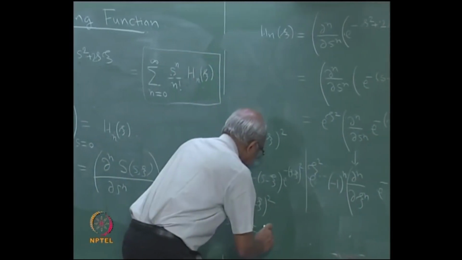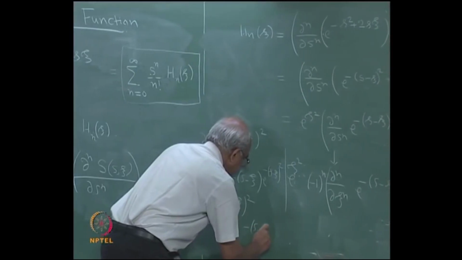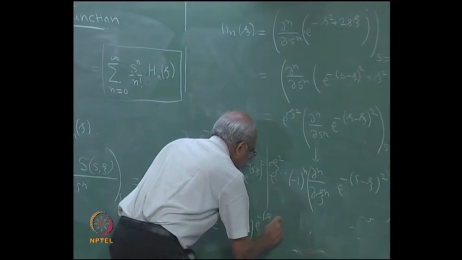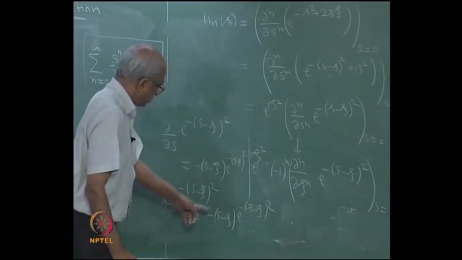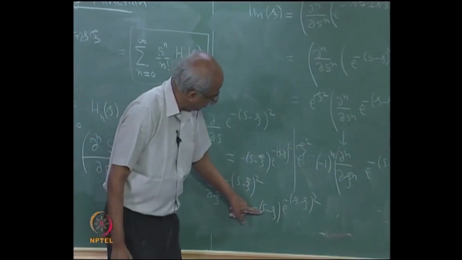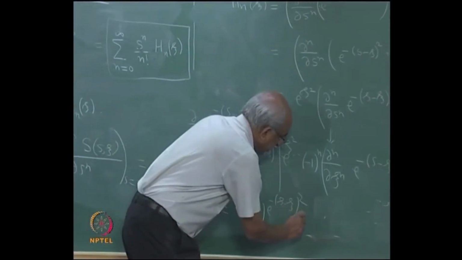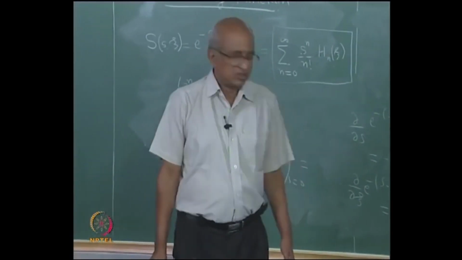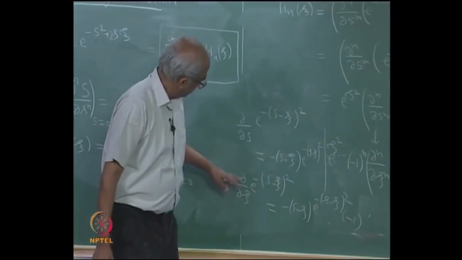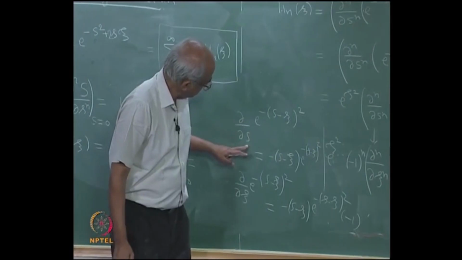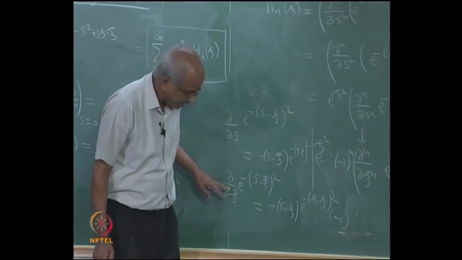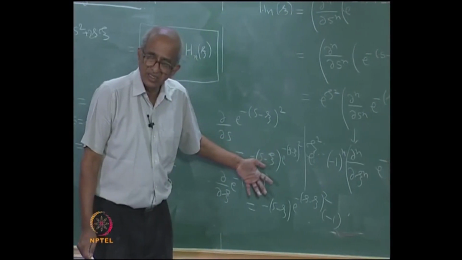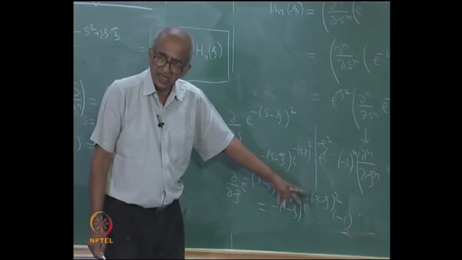The answer will be minus s minus c into e to the power of minus s minus c the whole square, but you are differentiating with respect to c, that means you will have to put an additional minus 1, right. So, instead of carrying out differentiation with respect to s, you can carry out the differentiation with respect to c as far as this function is concerned. The only thing is that you have to account for that minus 1.